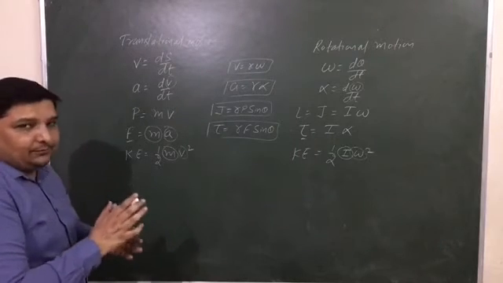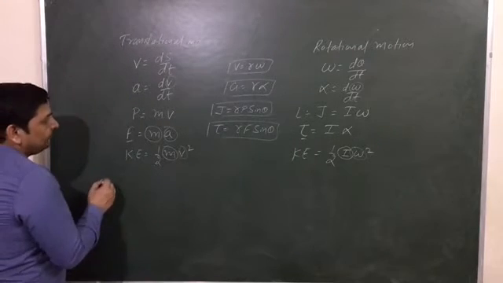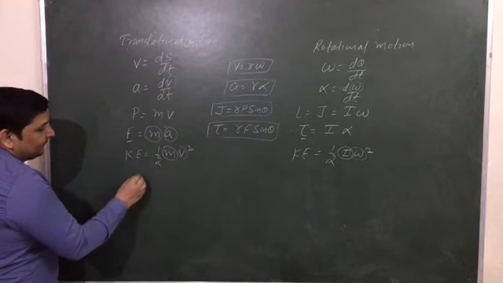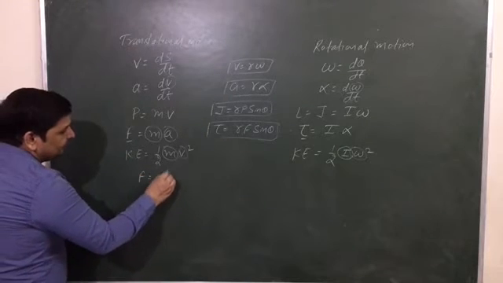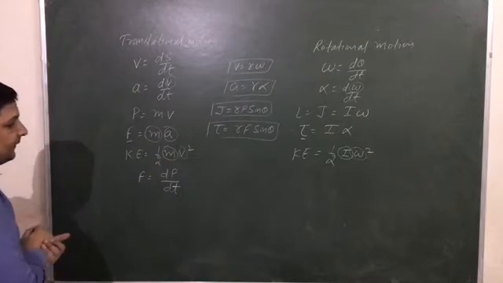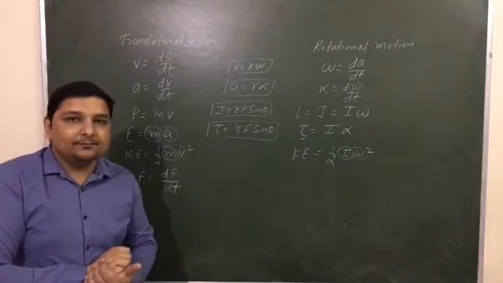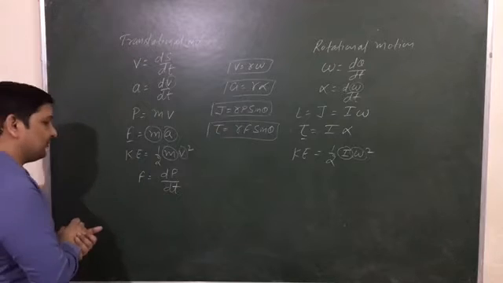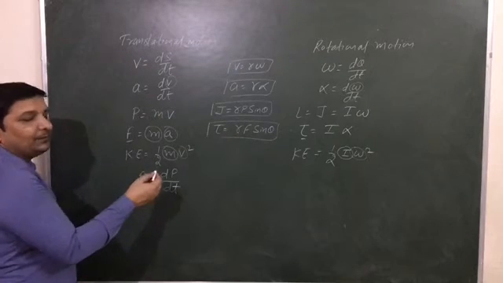In linear motion, we use the relation between force and rate of change of linear momentum according to Newton's second law of motion. F is given by dp by dt.